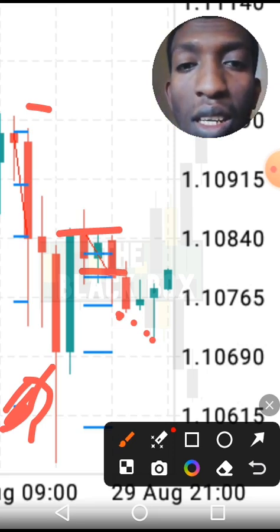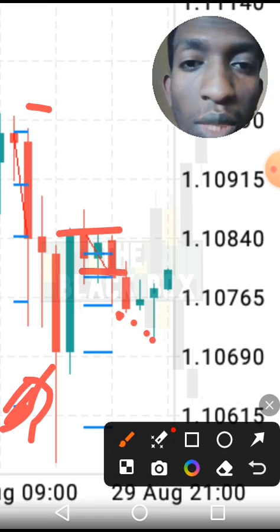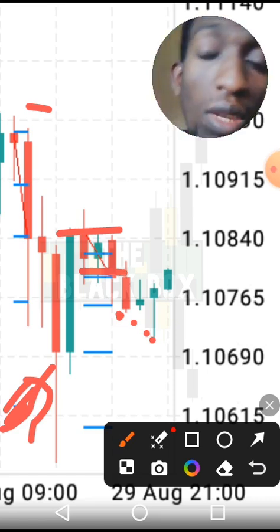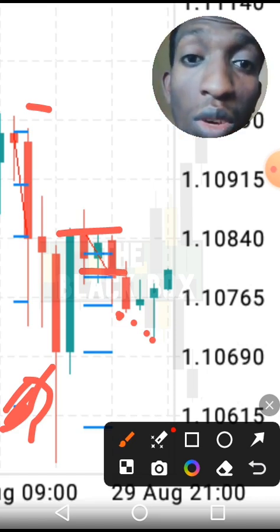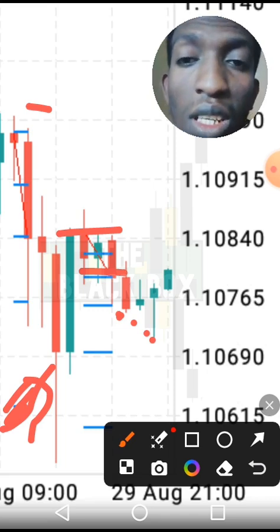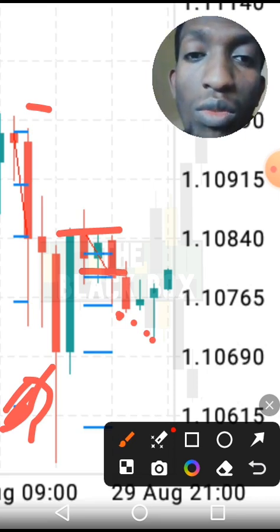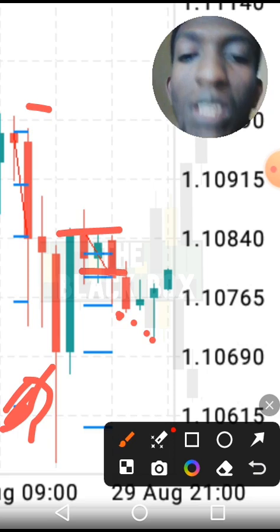We are not putting a lot of money. In the first place, your risk, I told you, should be below 5%, less than 5%. The first reason is because the black boxes form more frequently.